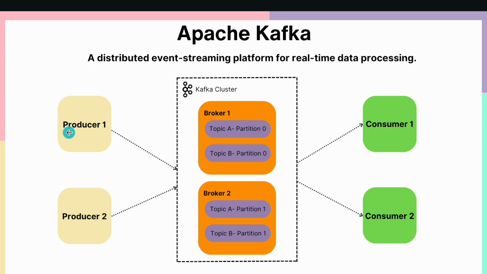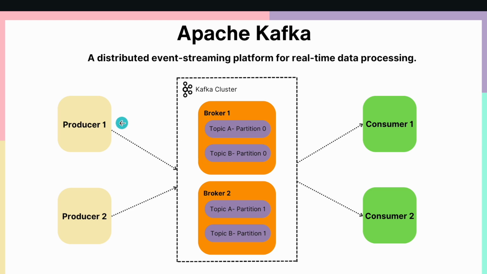The applications which produce the messages or events to Kafka are called producers, and the applications which consume the messages or events from Kafka are called consumers. Okay, Kafka runs as a Kafka cluster and it contains multiple brokers in it. So that is why it is called a distributed event streaming platform, and it's highly scalable and durable for processing large data sets in real time.